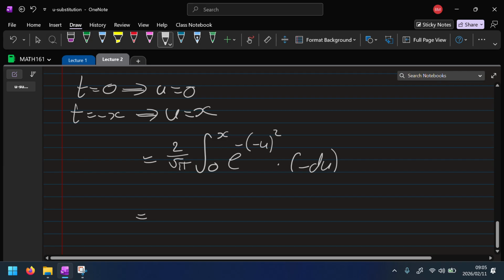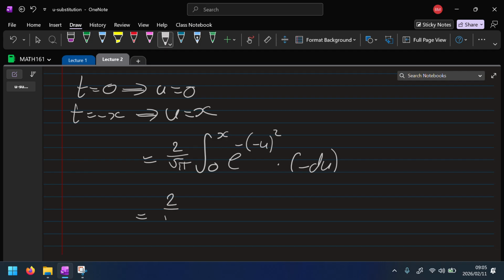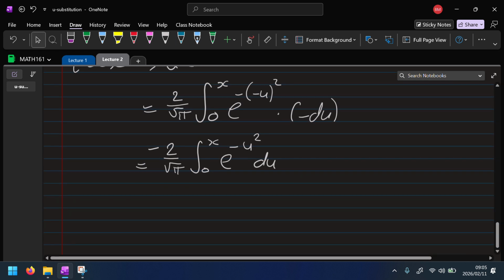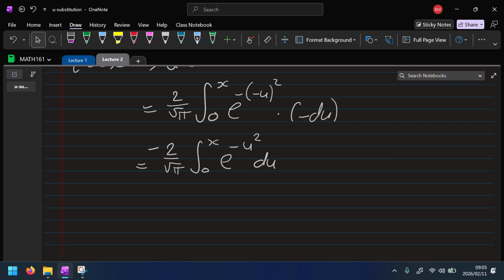Now in the exponent, it's minus u squared, so that's just u squared. And then the minus from the minus du, we can just take to the front. And again, it doesn't matter what we call that inside variable, u, t, doesn't matter. All of that stuff, except for the minus sign, is what we started with.